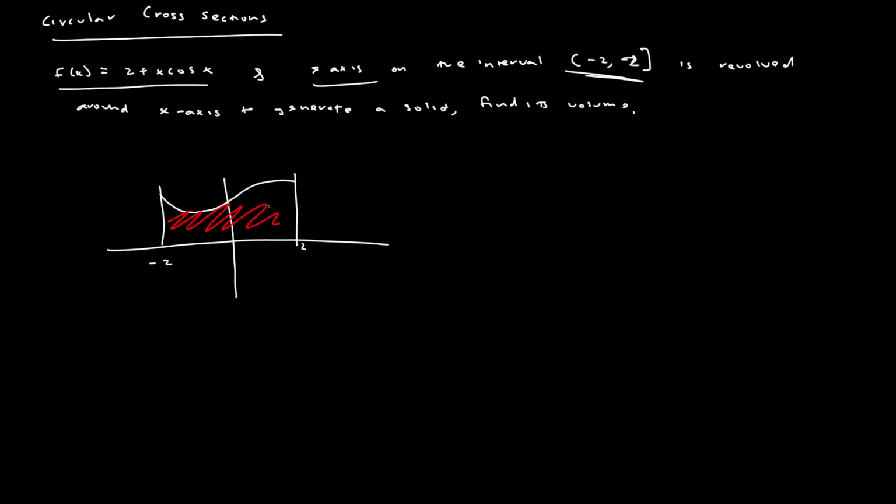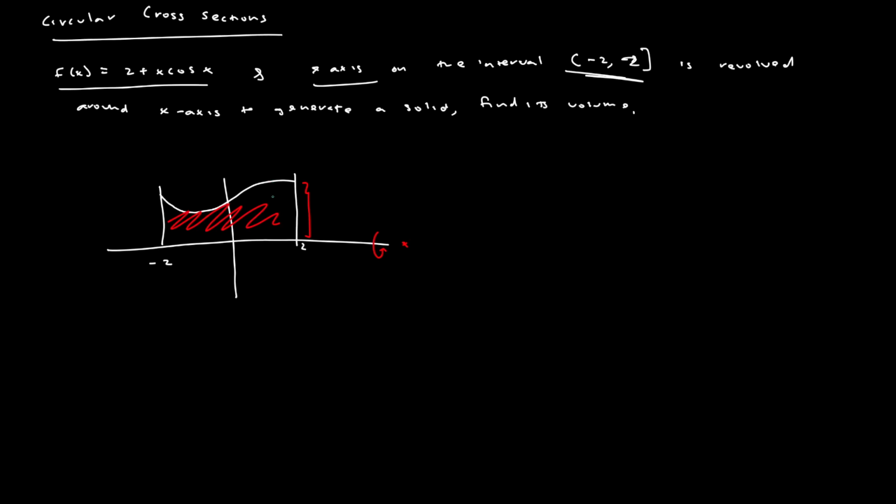So if you can visualize us revolving this area across the x-axis, what we're going to get is a circle as our cross section, and the circle will have radius equal to whatever f of x is at whatever point we have.